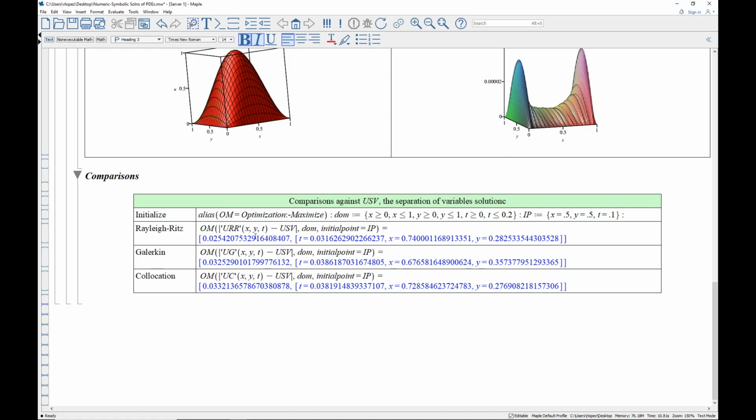So surprisingly, the Rayleigh-Ritz approach was the best of these 3 that I looked at. But you have to remember, this Galerkin was not done with orthogonal weights. And that's my biggest disappointment. I tried orthogonal weights. I tried orthogonal polynomials in two dimensions.